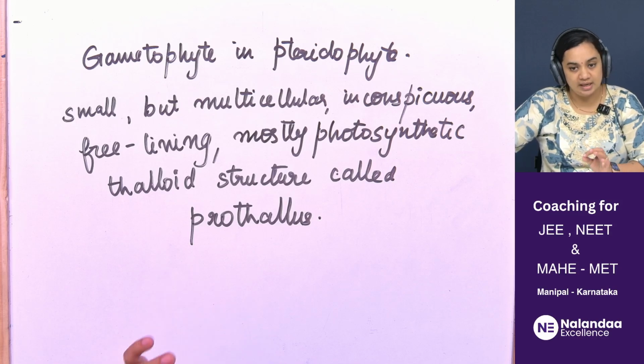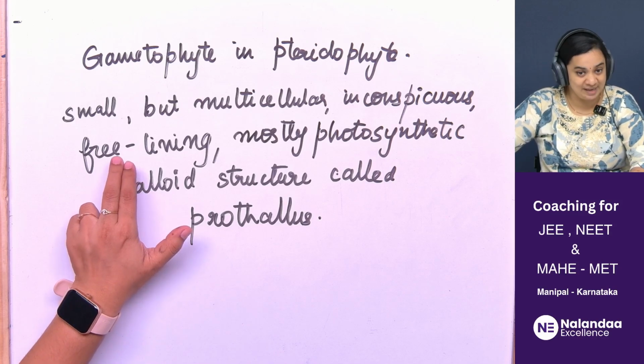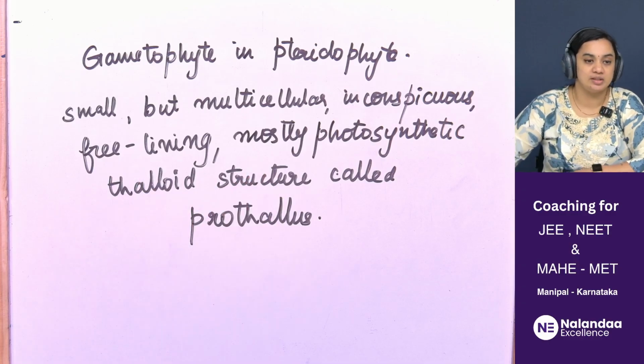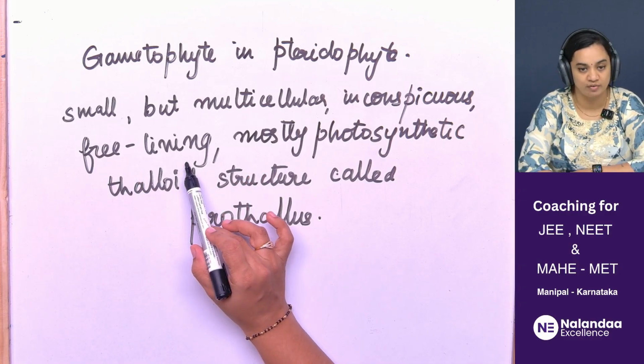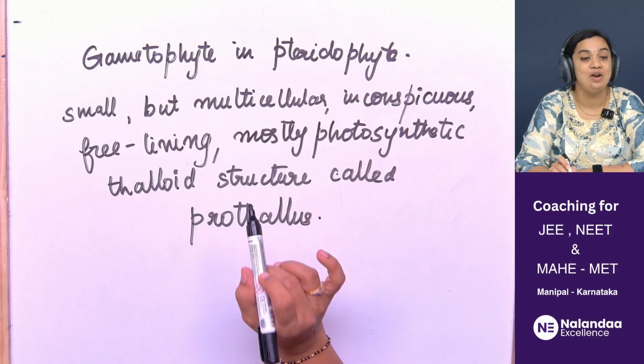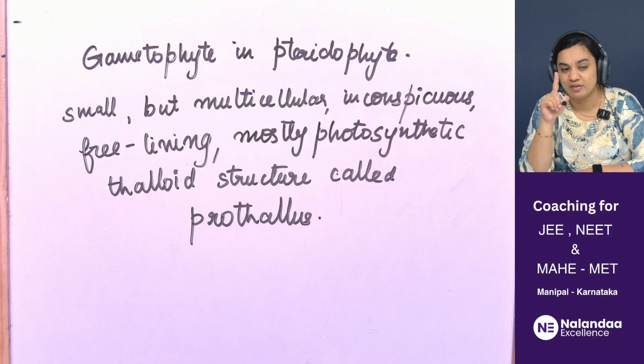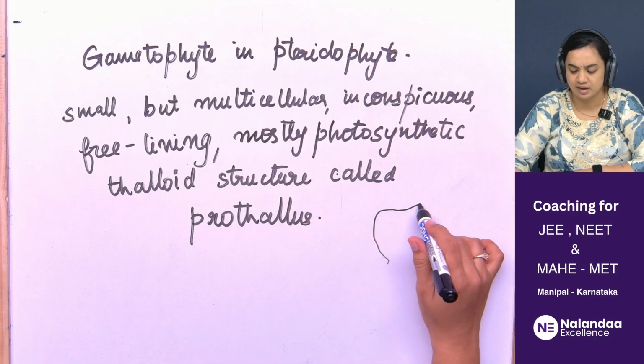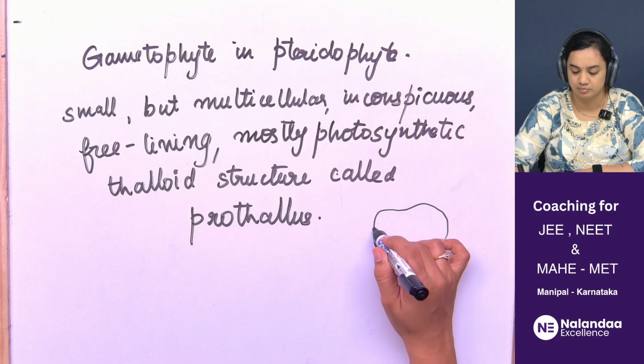They're usually inconspicuous, free living, and mostly photosynthetic. They're not dependent on the sporophyte. They can take care of their own nutrition. Thalloid structure, not differentiated into proper structures. It's thalloid and kind of irregularly shaped, okay?